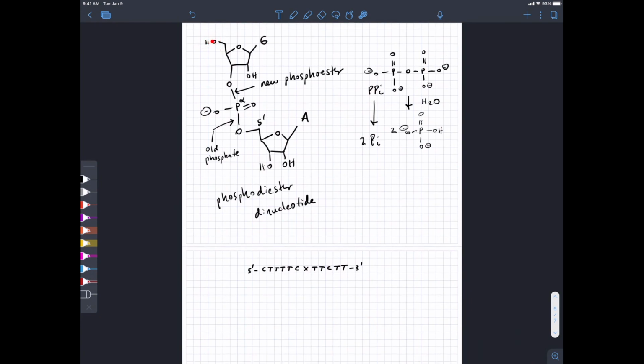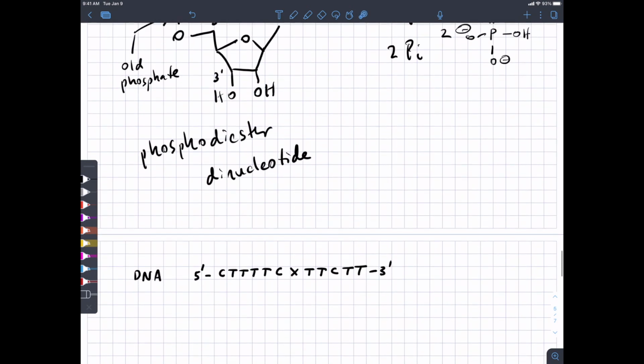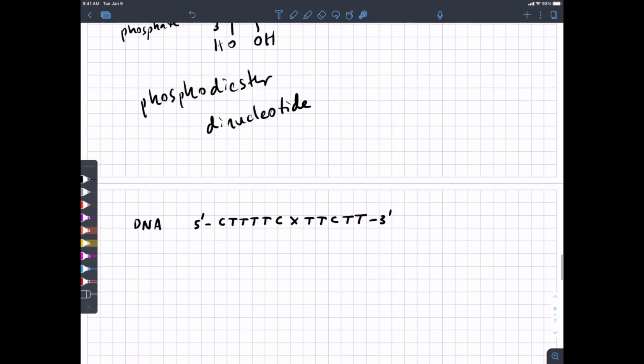That would be here. And then this is the 3' end. That would be at the very end, and it would have a free 3' hydroxyl group. And everything in between is going to have this basic pattern, but have different bases. And we're going to say this is DNA, so it's got no 2' hydroxyl group.